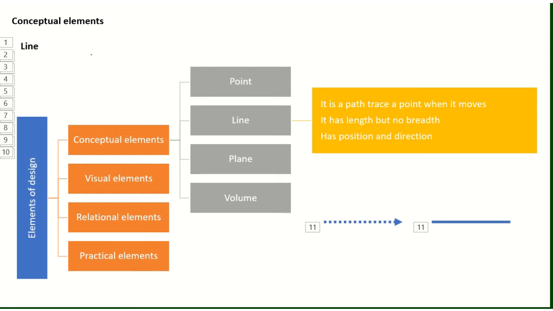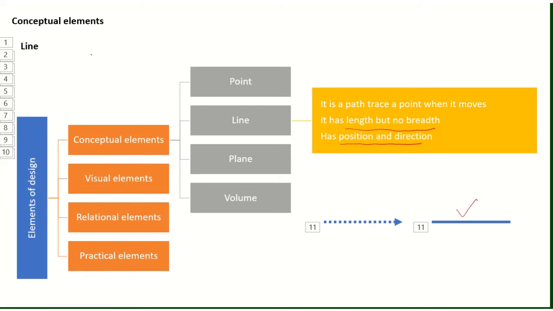A line has length but no breadth, and it also has position and direction. From the motion of the point we can identify the position and direction.